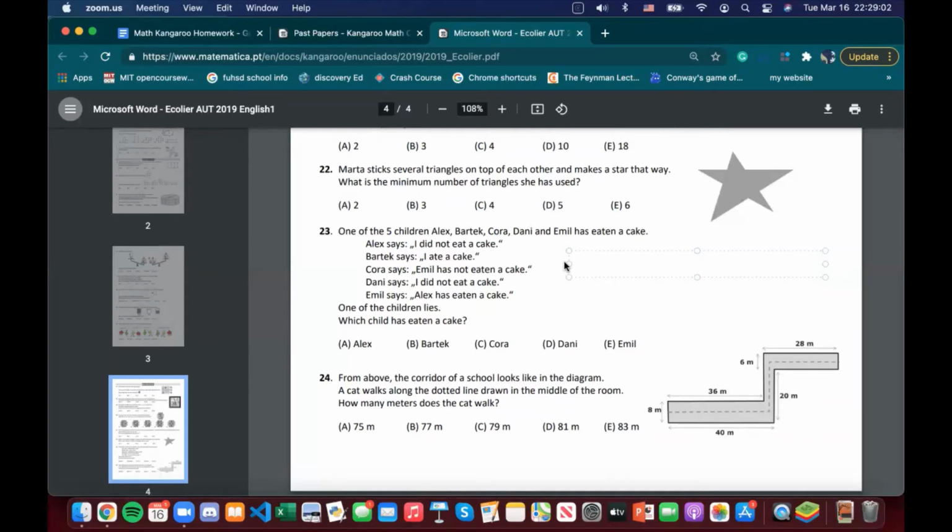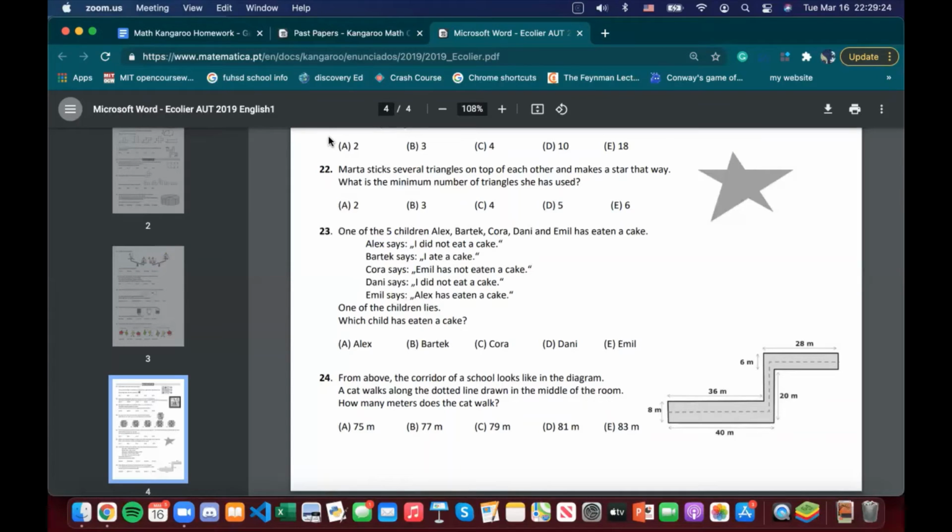Let's go on to Danny. Danny says, I did not eat a cake. So Danny ate the cake because Danny is lying. Here we're just choosing that Danny might be the liar. But then Bartek ate the cake. And that's also not possible. So the only one left is Emil.